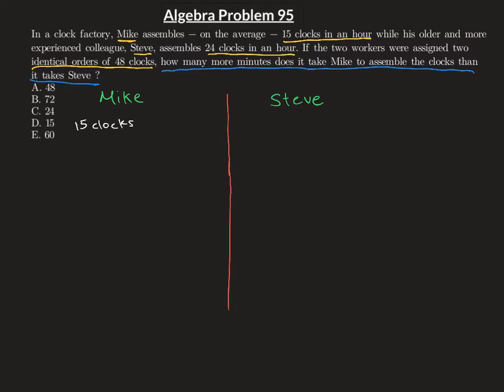in an hour. One thing I should point out is, see how we're given the number of hours? But in our question here, it says minutes. So what should we do? We should convert this to minutes.